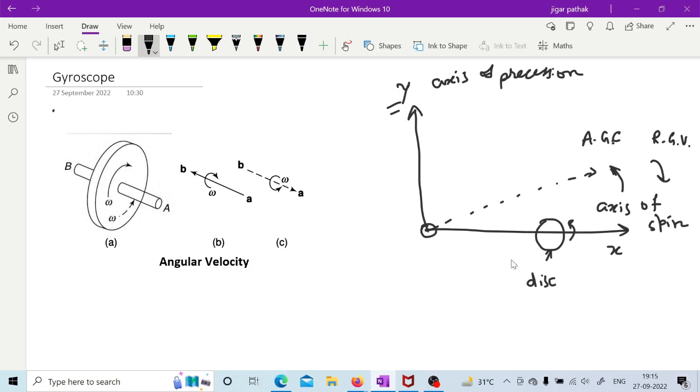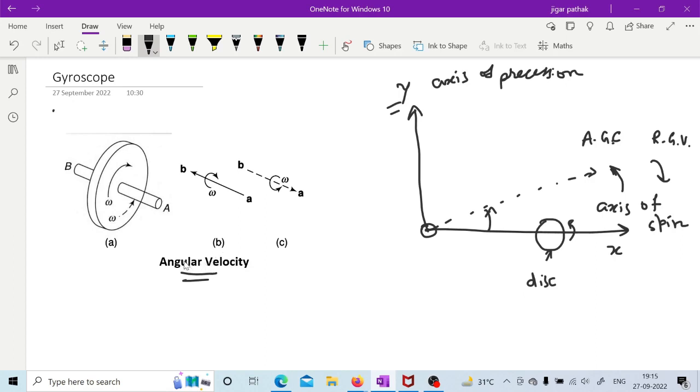As we discussed, this disc which is spinning about the x-axis may have rotation about the y-axis also. So let us first see angular velocity and try to understand how you will represent it.